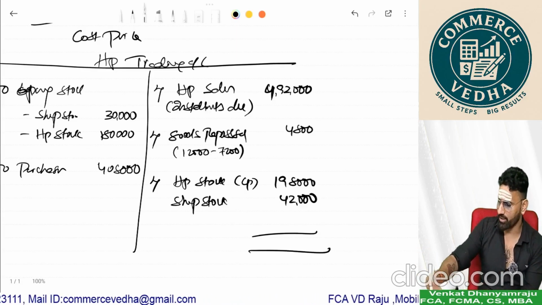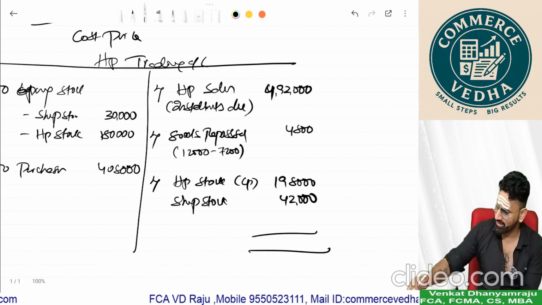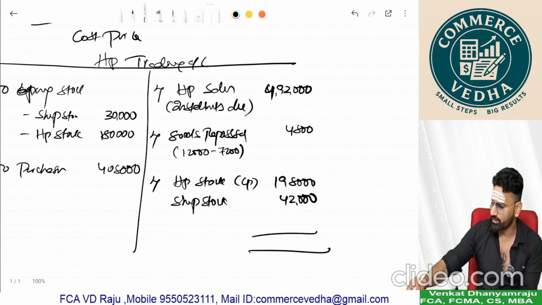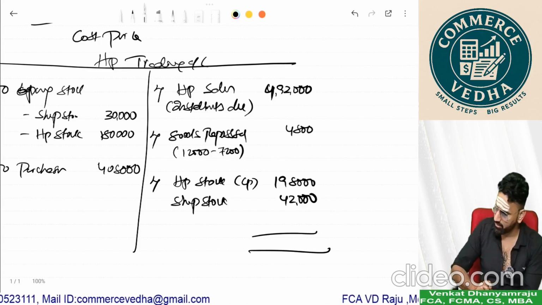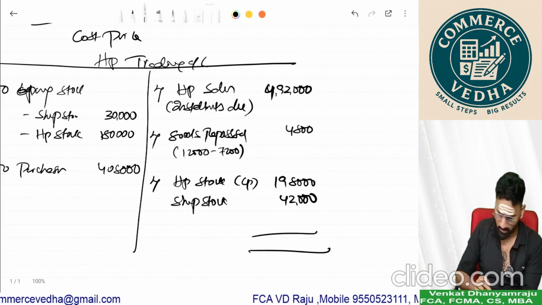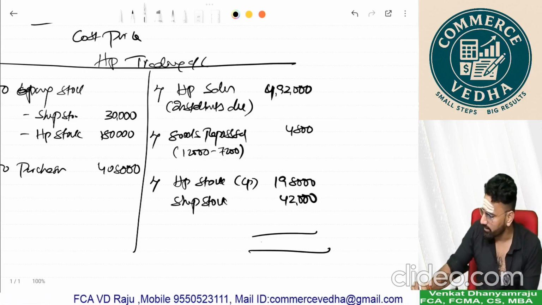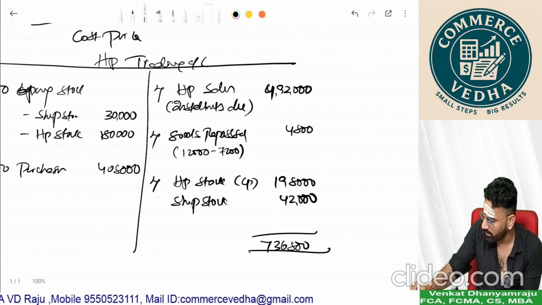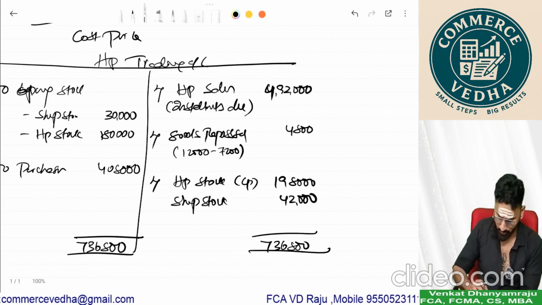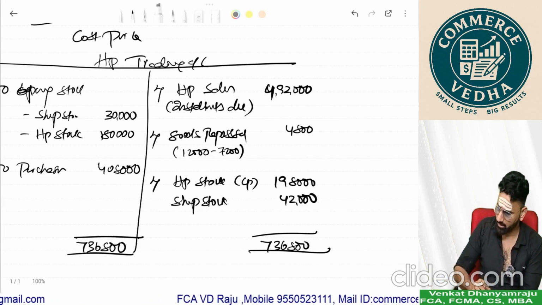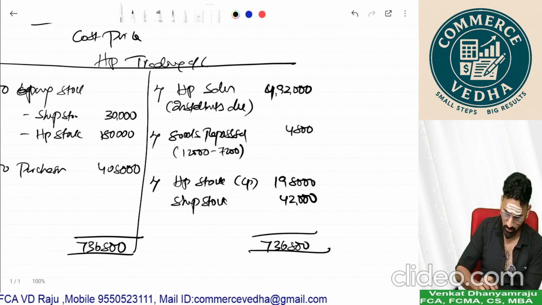So like opening stock, sales, purchases, closing stock, and abnormal loss. This is goods repossessed, it's a part of closing stock. So 4,92,000 plus 4,800 plus 1,98,000 plus 42,000 is 7,36,800 minus 30,000 minus 1,80,000 minus 4,08,000.